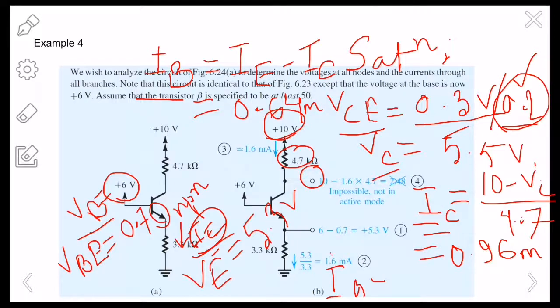Let me tell you one thing: when the BJT is working in the saturation mode, the beta value of the BJT is changed if you check it properly. If you calculate the new beta, that is the ratio of IC to IB, you'll get around 1.5. So it is pretty low compared to what you find in a normal BJT.